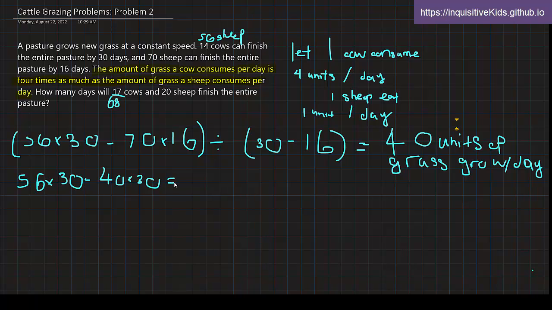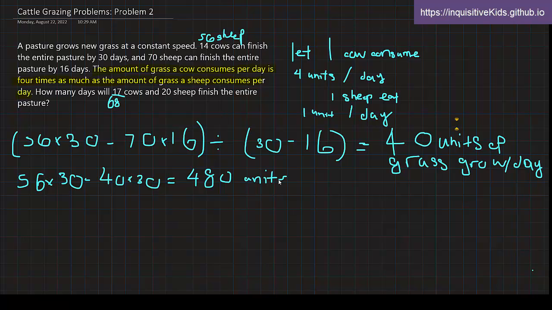And we have 56 times 30 minus 40 times 30, which is equal to 1,680 minus 1,200, which is equal to 480. So 480 units of grass was the original amount.